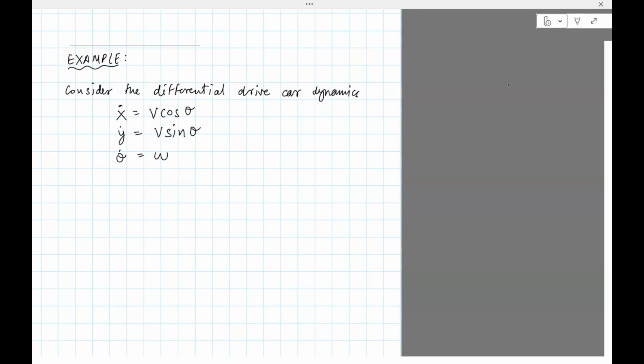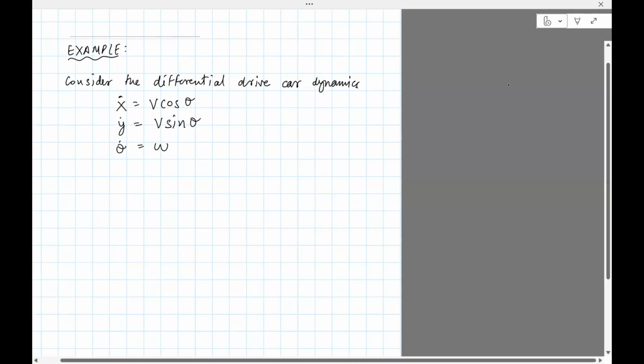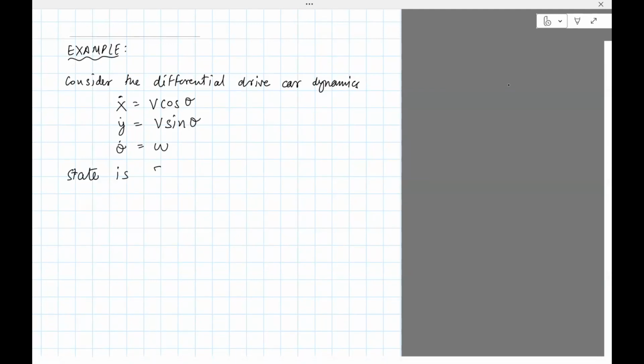The state is x, y, theta. Control is v and omega. You can control the forward speed as well as the angular speed.